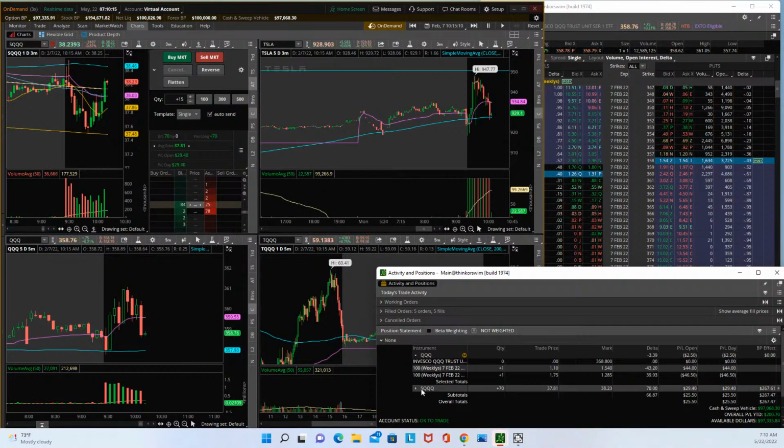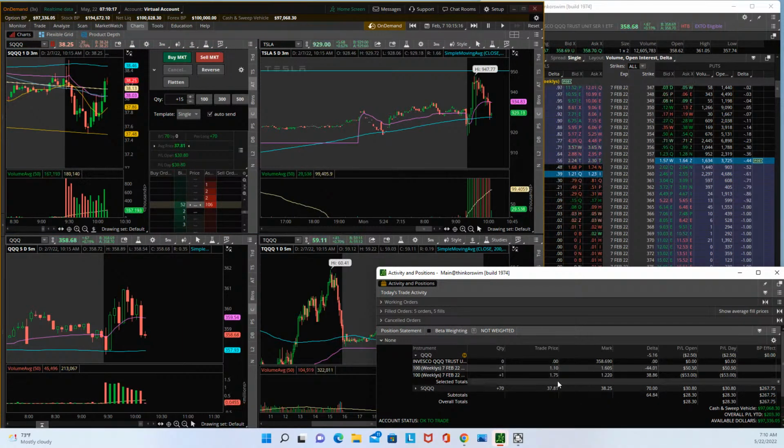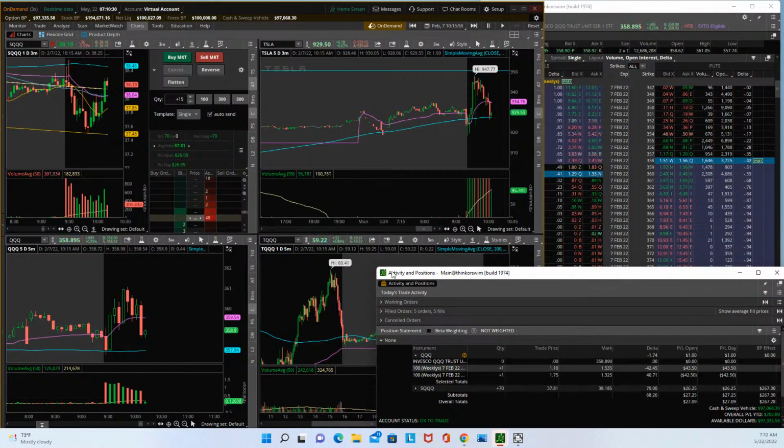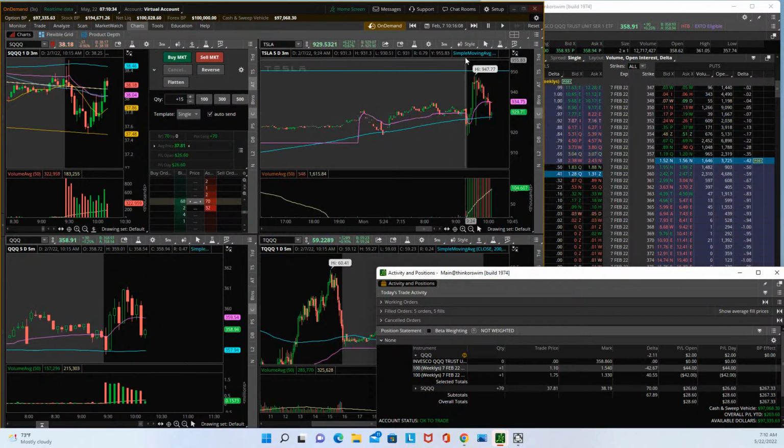So this is where I say sometimes you want to add. So we're invested a little bit higher. It's about $300 here, and obviously this is 70 shares. Now we just closed below VWAP.